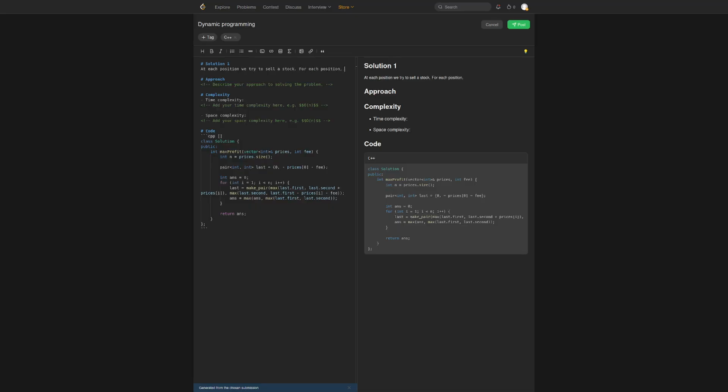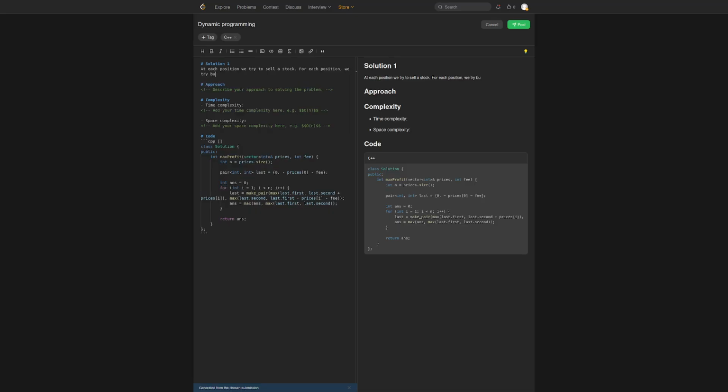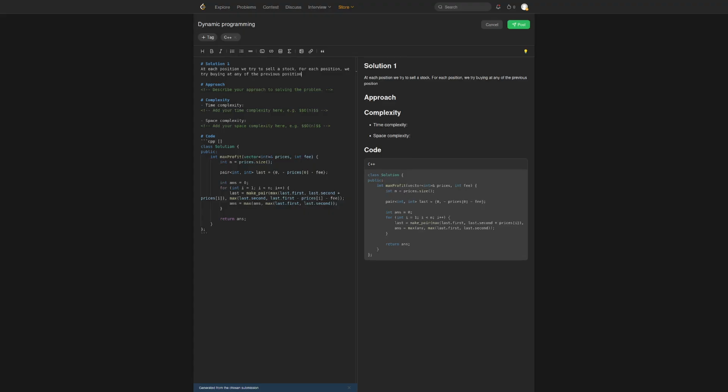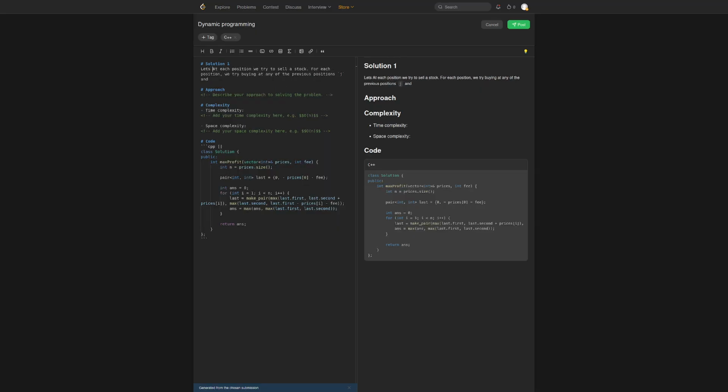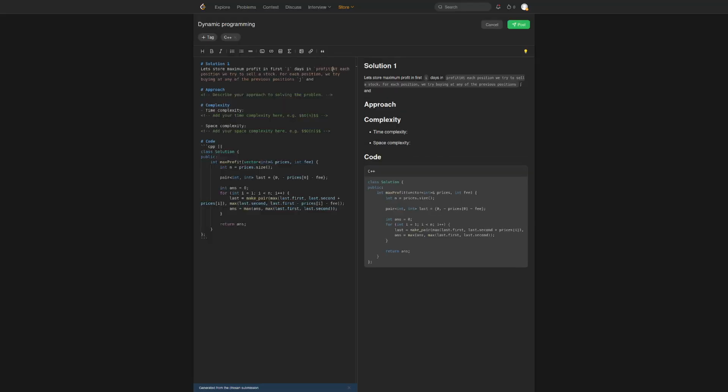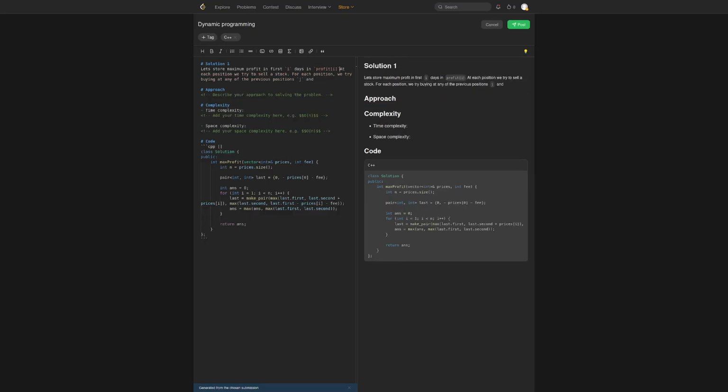For each position we try buying at any of the previous positions j, store maximum profit in first I days in profit I. At each position we try to sell a stock on each day.